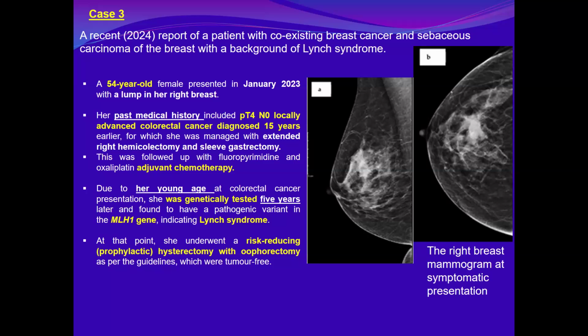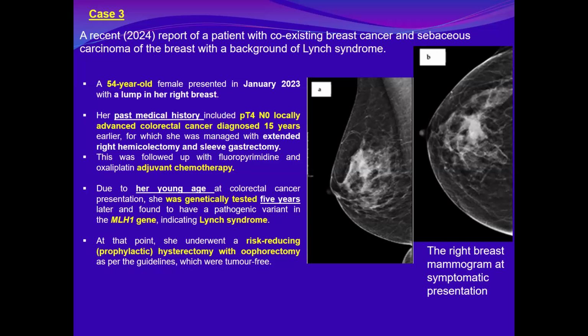Okay, she's 54 years old, presented in January 2023 with a right breast lump, and she has a past history of locally advanced colorectal cancer 15 years ago, treated with right hemicolectomy and adjuvant chemotherapy.